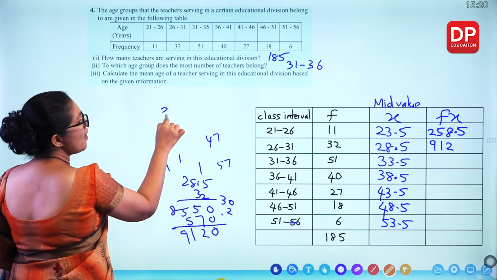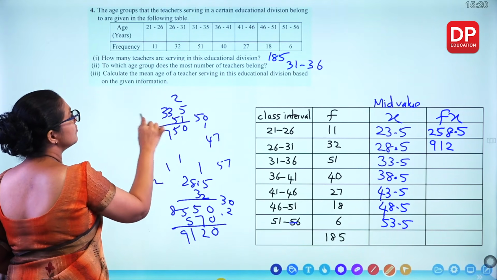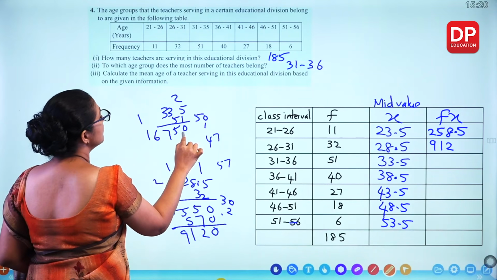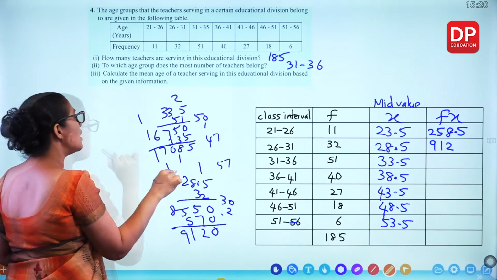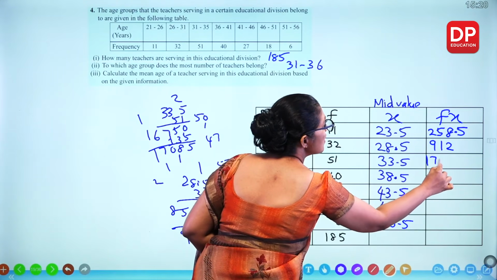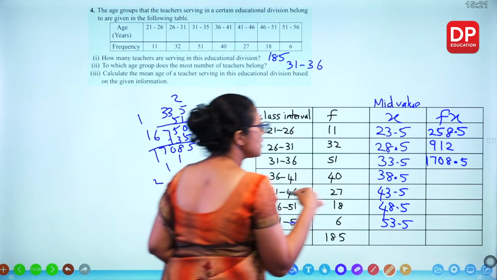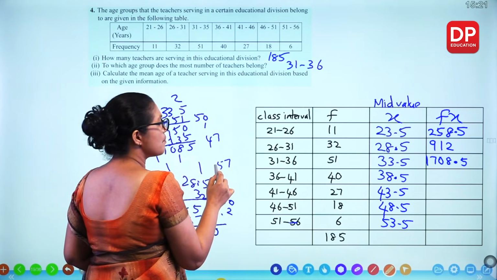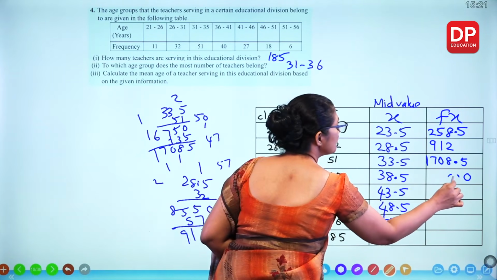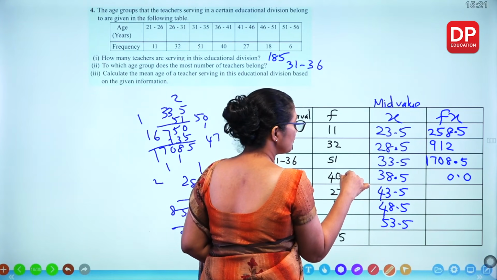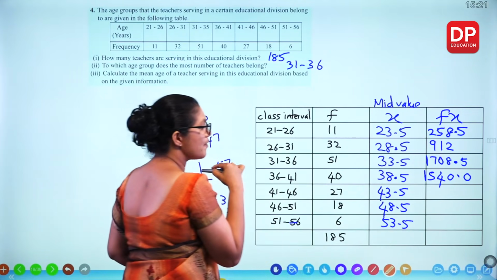51 times 33.5, 1708.5. Multiply by 40. Put a 0 and then multiply by 4, thousand 540.